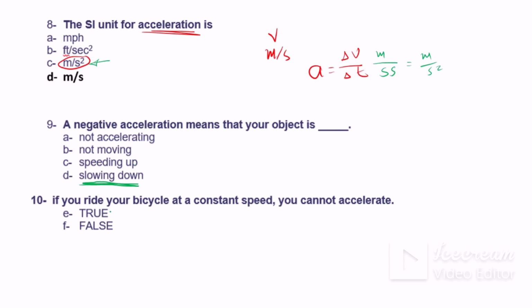If you ride a bicycle at constant speed, you cannot accelerate, of course, because your acceleration is 0. You don't have any acceleration here. I hope you understand this part.